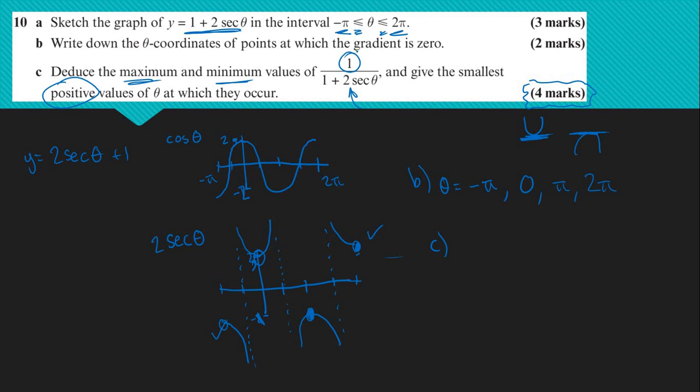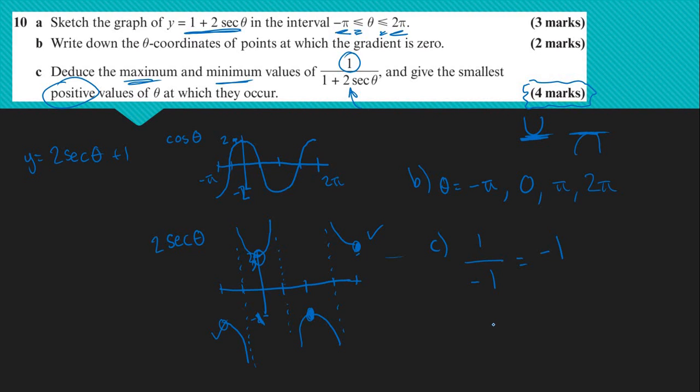Now the maximum and minimum thing for 1 over this graph, you might be thinking that you could use some sort of cos thing and whatever else on it, but it'd just be pointless. It'd be really, really difficult to do. So if I plugged in something very small, 1 over negative 1, that would equal negative 1.